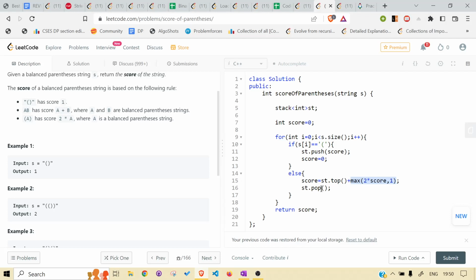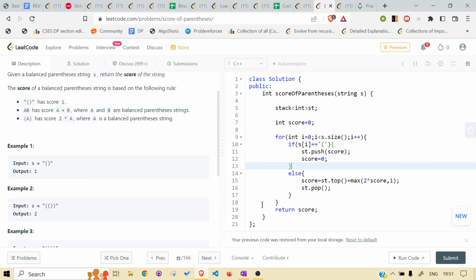I have already explained it, but again, practice makes anyone perfect. So 2 into score, the current score, comma 1, I have already discussed, because when a balanced parenthesis is formed, you have to have 1. So that's why the minimum is 1 over here.